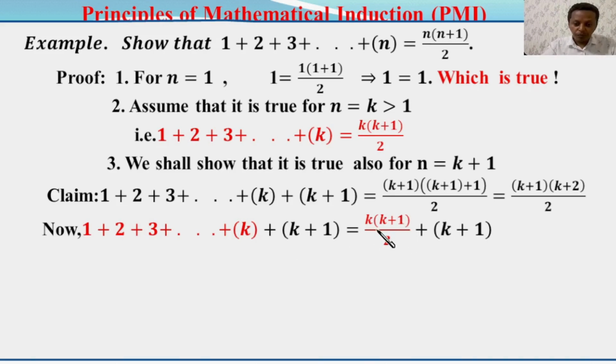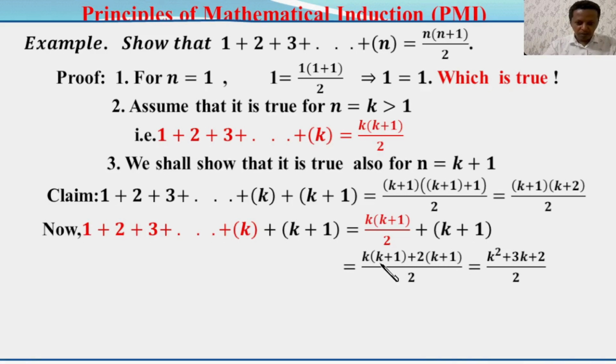So the sum of the first k natural numbers, k times (k plus 1) over 2, plus (k plus 1). We are going to simplify this expression to get (k plus 1) times (k plus 2) over 2. So the sum of these two means 2 times (k plus 1) plus k times (k plus 1) over 2.